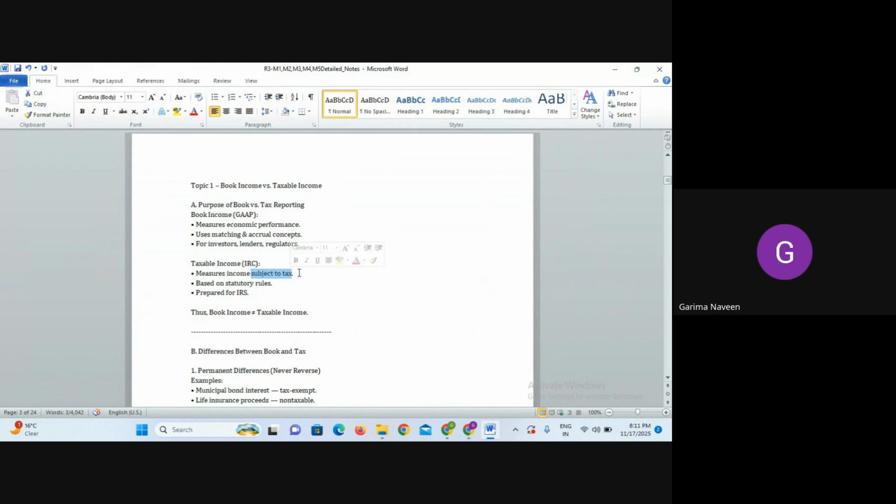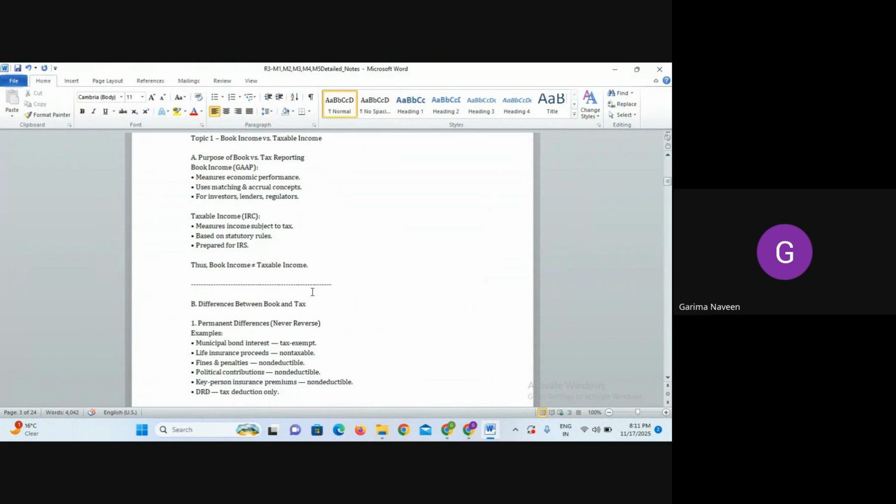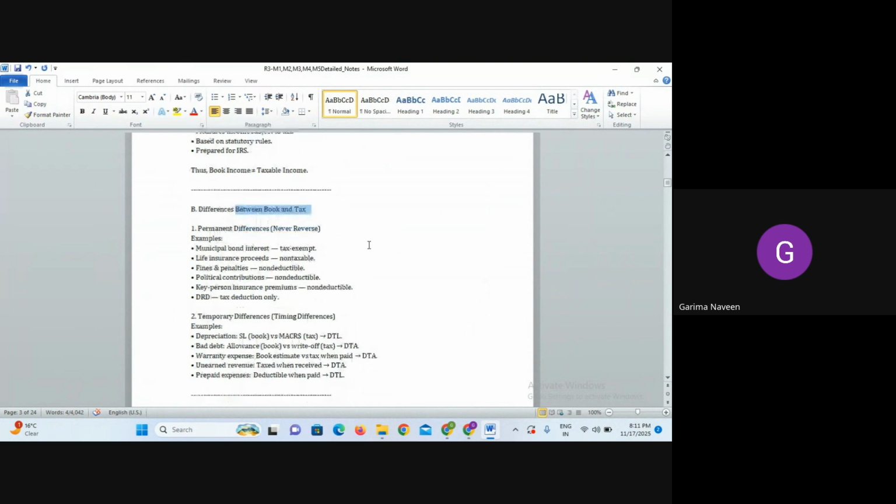That means you do not have to include the items which are tax exempt or not deducted for tax purposes. It is based on statutory rules and is prepared for the IRS. So due to some differences, our book income is not equal to the taxable income, which gives rise to these differences.